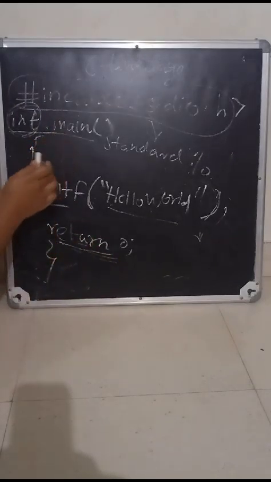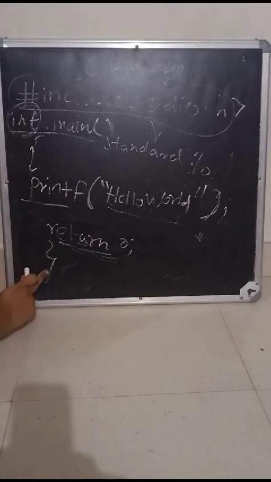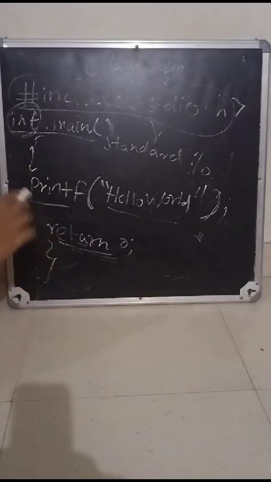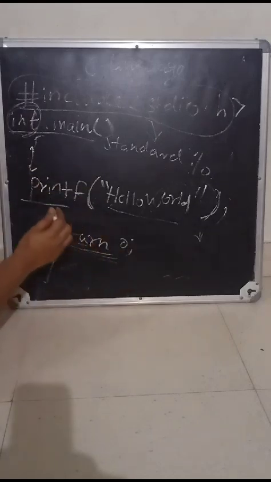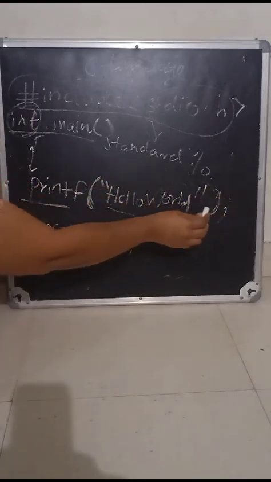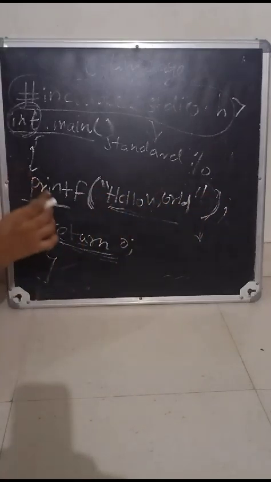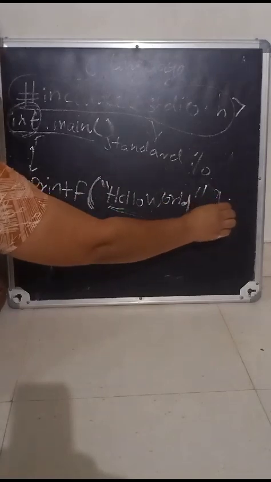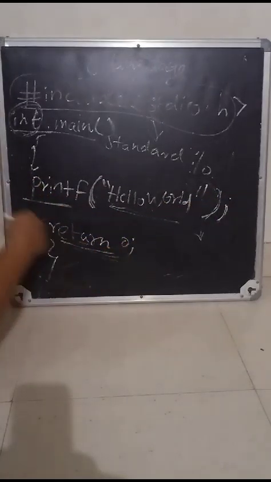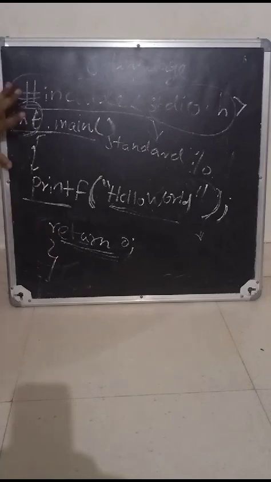Inside main I should open a curly brace and close a curly brace. My aim here is to display hello world. In the printf statement, within the open and close parentheses, I have included a hello world string, and it should end with a semicolon. Now this is my program.